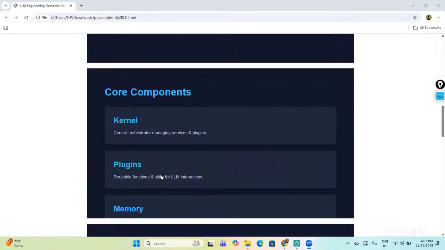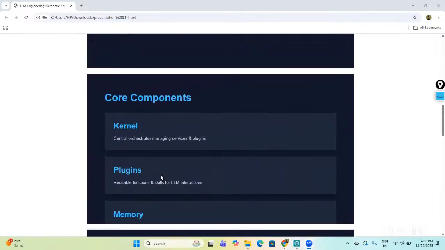So we shall see what its core components are. At the heart is the kernel. This is the central orchestrator. Think of it as a brain that will connect your LLMs, functions, and business logic. Next are plugins. These are reusable skills and functions that define what your AI can do. They help structure capabilities like summarization, classification, or decision-making skills.